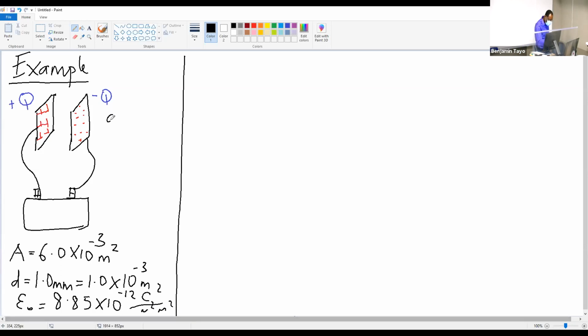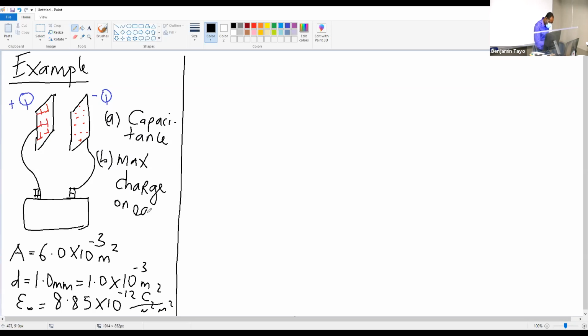So for part A, I want to calculate the capacitance. Part B, calculate the maximum charge on each plate.